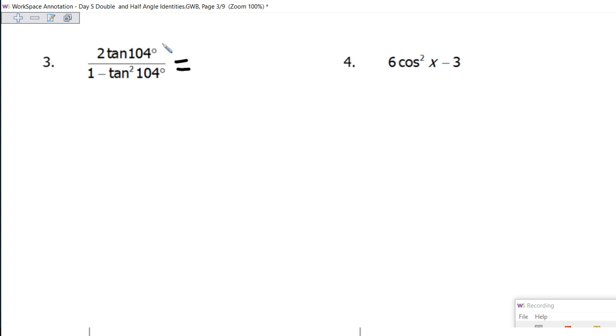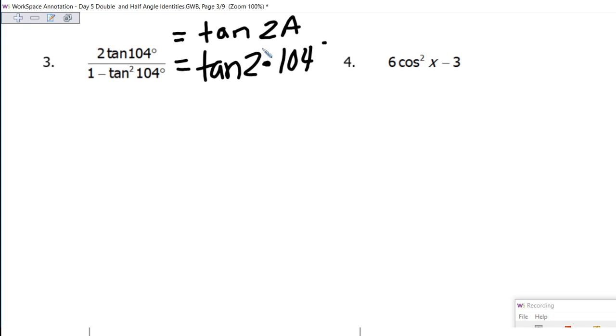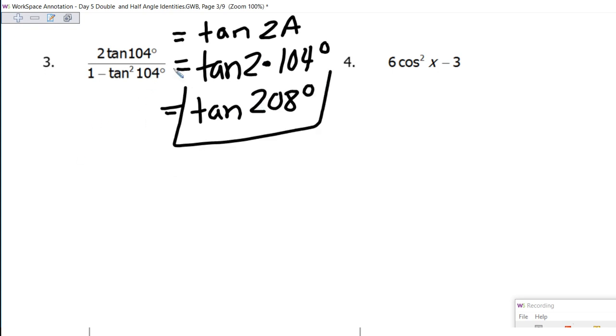Tangent, so this would be the tangent of 2A, but they're not using A. What are they using? 104 degrees. And what's 2 times 104? So this would be tangent of 208 degrees. Is 208 degrees a value we memorized on the unit circle? No. So that is our simplified answer, tangent of 208 degrees.